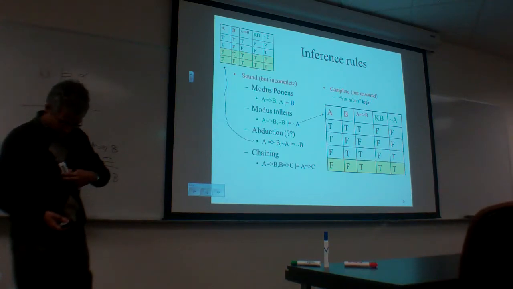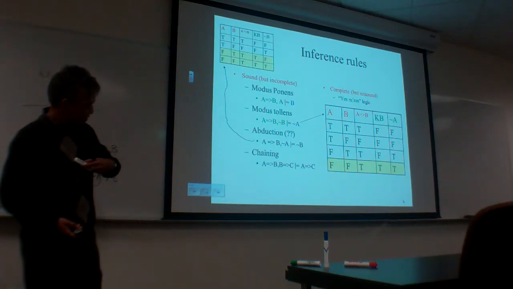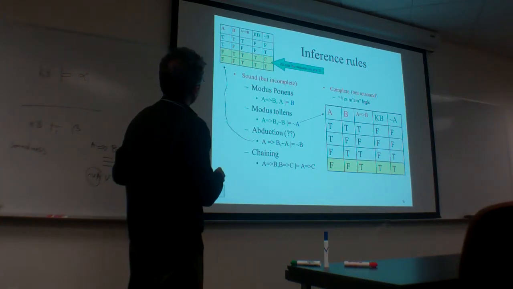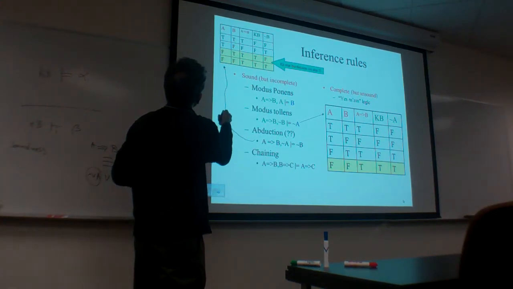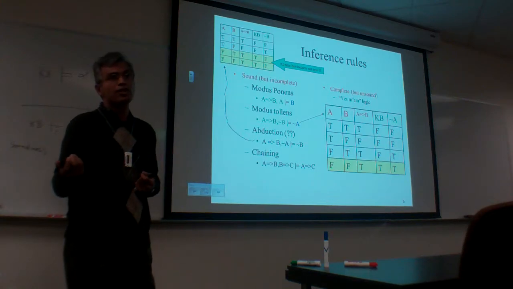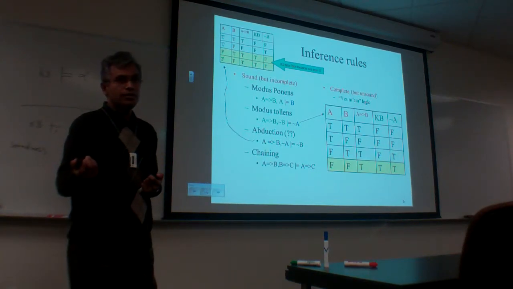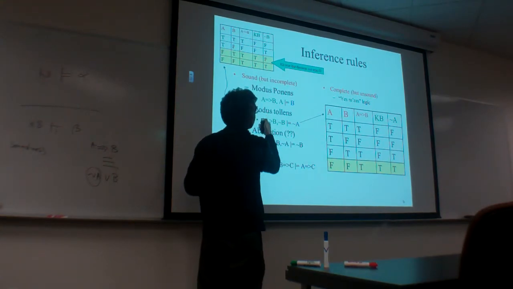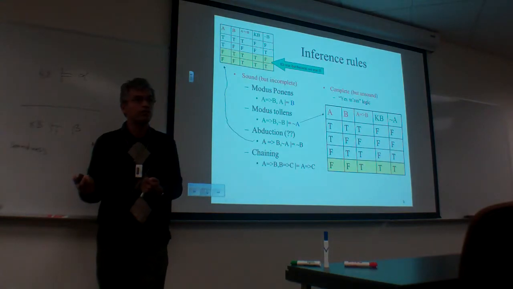The abduction is unsound because, as I wrote in the truth table here, I essentially showed you that there are two worlds for the knowledge base. A false, B true, and A false, B false. Both of them happen to be models for the knowledge base. But only one of them is also a model of not B. This one is a model of the knowledge base, but not a model of what you want to prove.